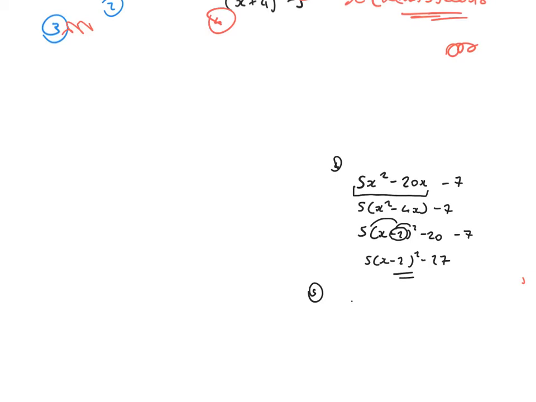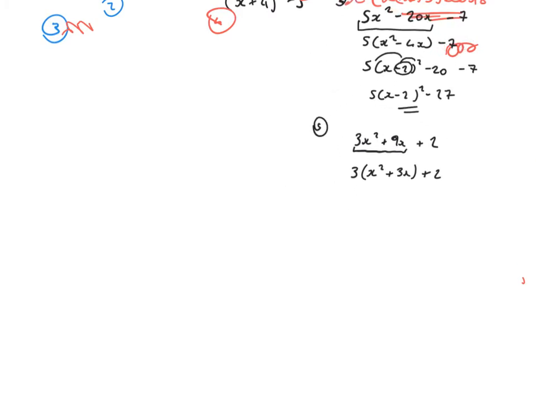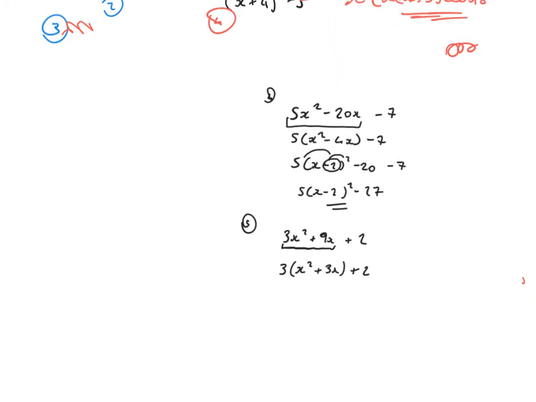Example 5, 3x squared plus 9x plus 2. Okay, take out the common factor of 3, 3 bracket x squared plus 3x, close the bracket, plus 2. Now this one is just very slightly trickier.